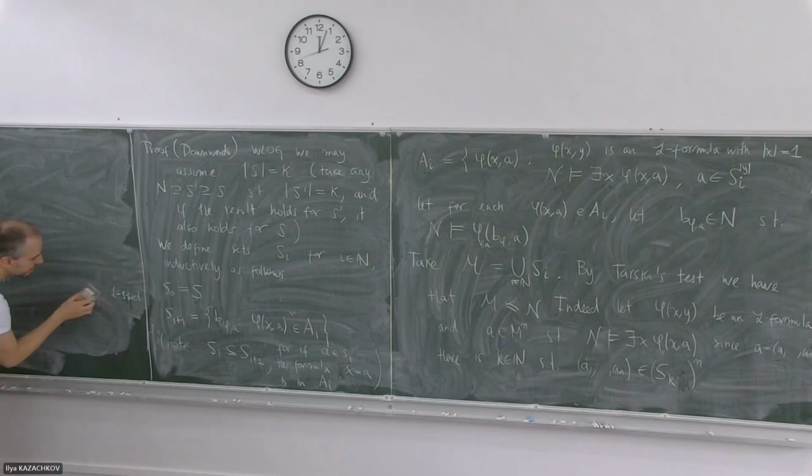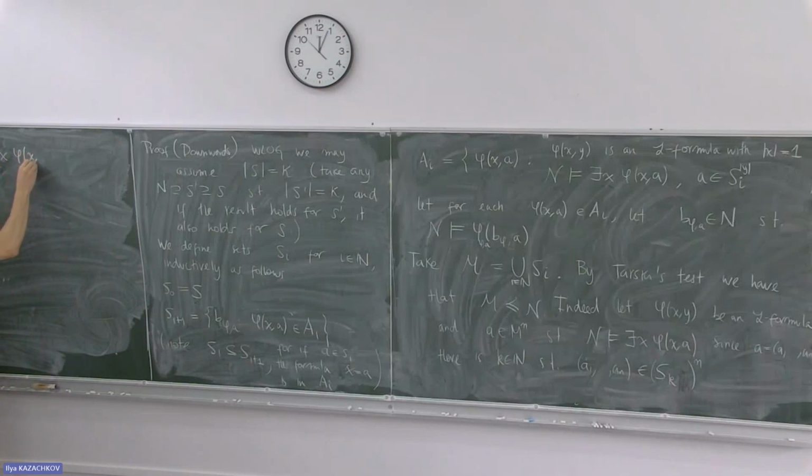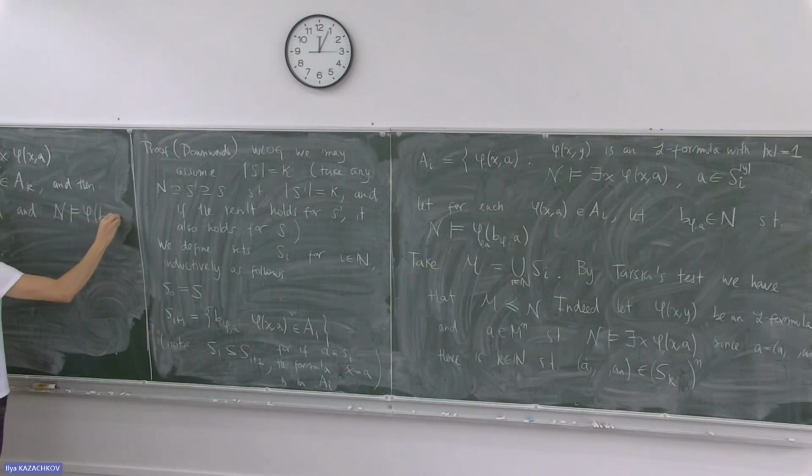So since N satisfies this formula, there exists x phi of x,A, then this formula phi of x,A belongs to A_k, and then we know that B_phi,A belongs to S_{k+1}, and N satisfies this formula, right?